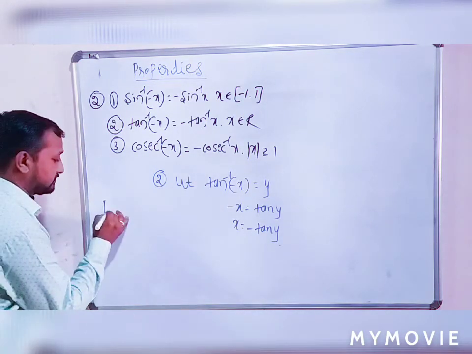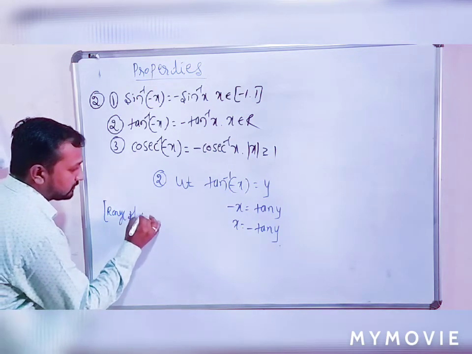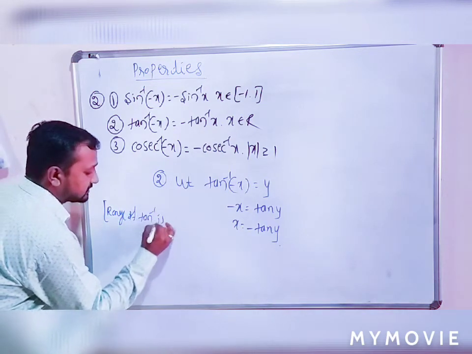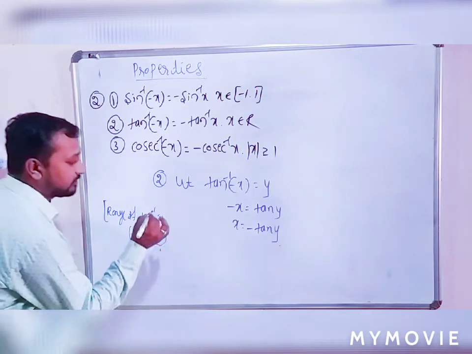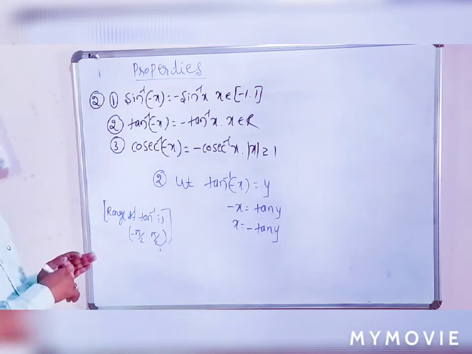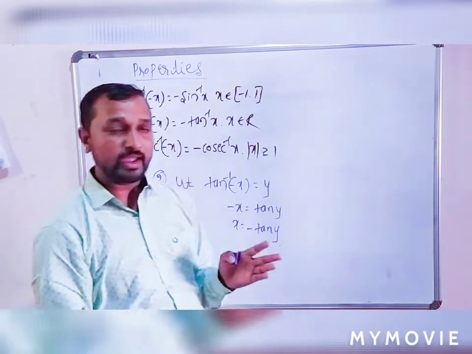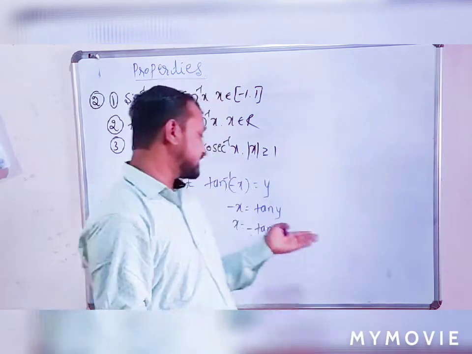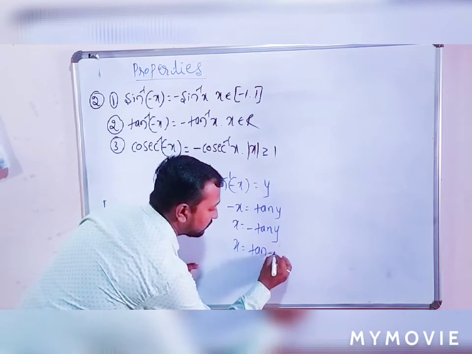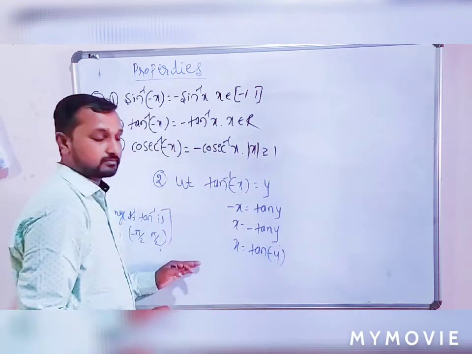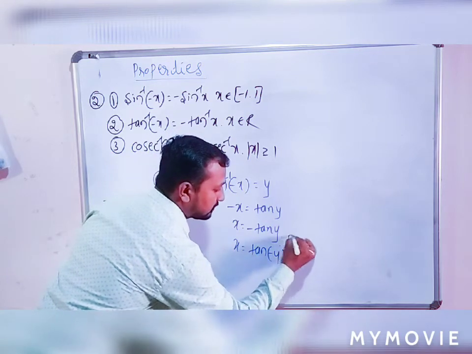So what is the range of tan inverse? It is the closed interval minus pi by 2 to plus pi by 2. We know that. That means tan inverse includes negative values as well as positive values. So x is equal to tan of minus y, by the quadrantal rule.